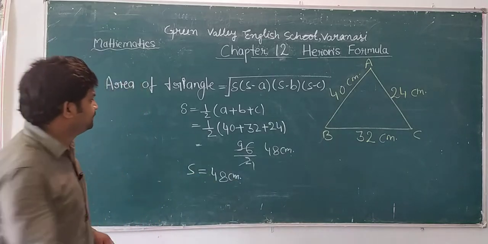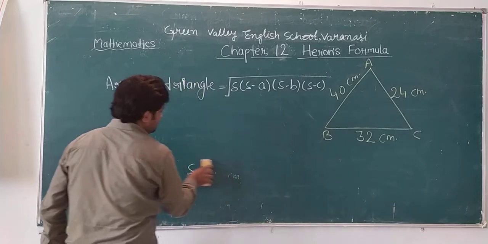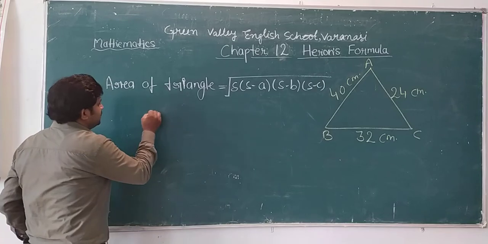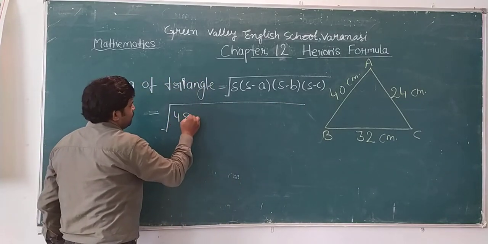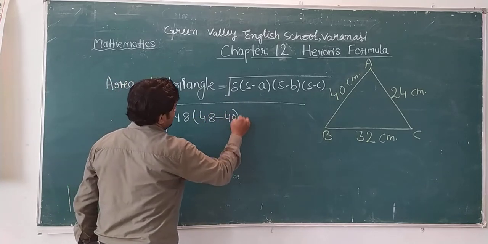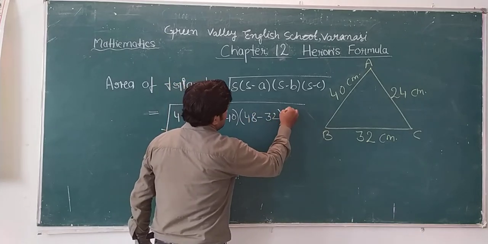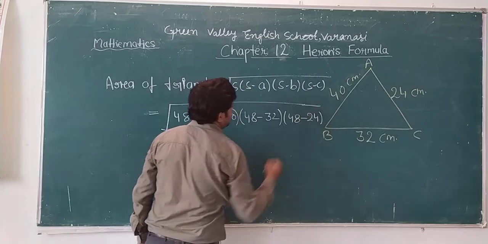Now we will put the values of S, A, B and C: S is 48, S minus A is 48 minus 40, 48 minus B is 48 minus 32, and 48 minus 24.